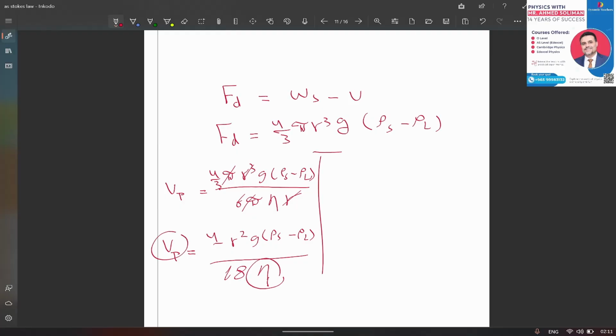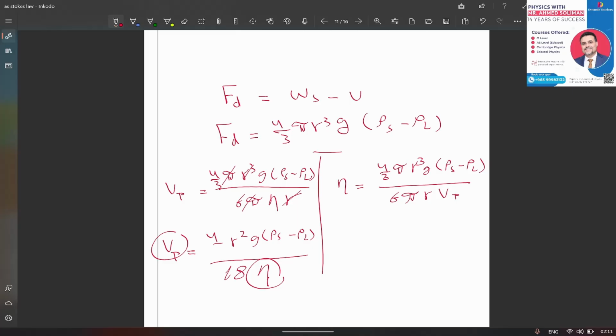On the other side, if we want to find the viscosity, we can write the same 4 over 3 pi r cubed g (rho s minus rho l), but now over 6 pi r V terminal.